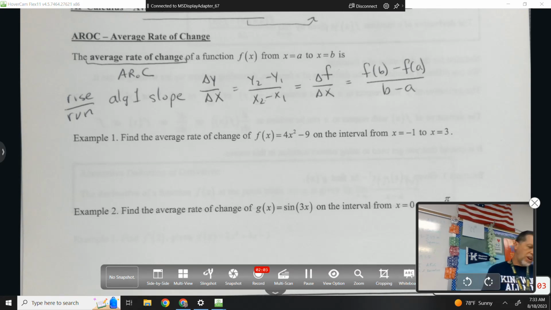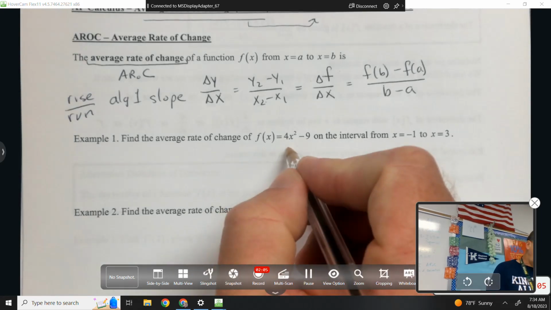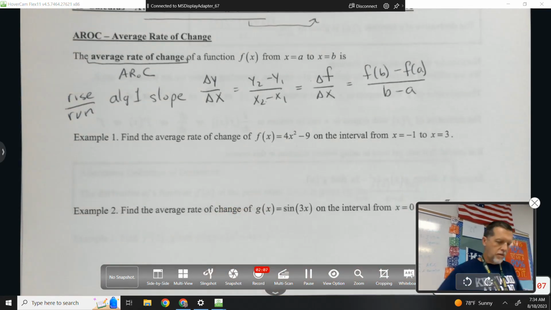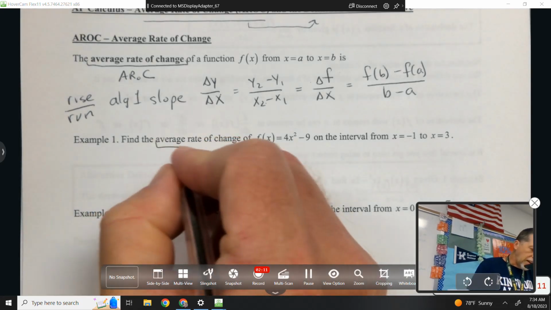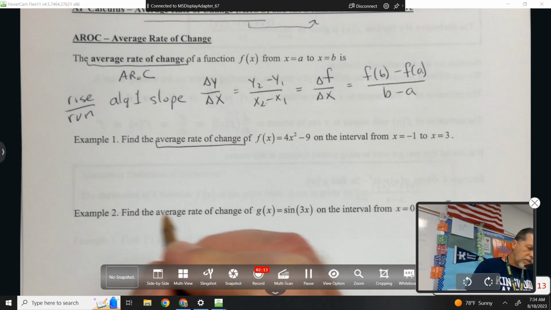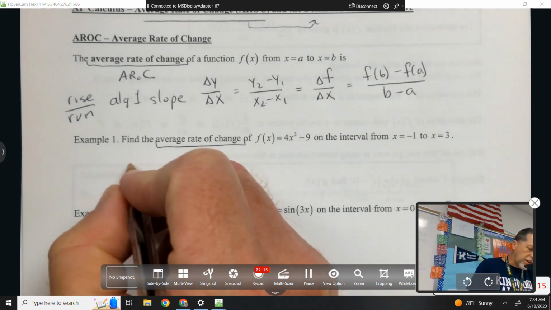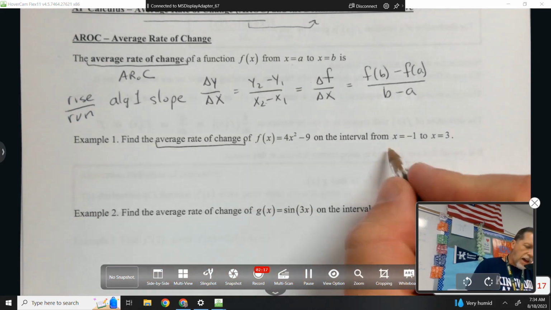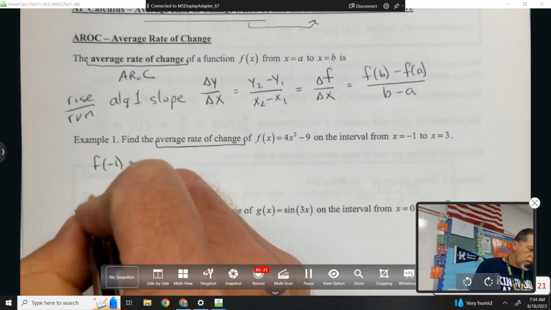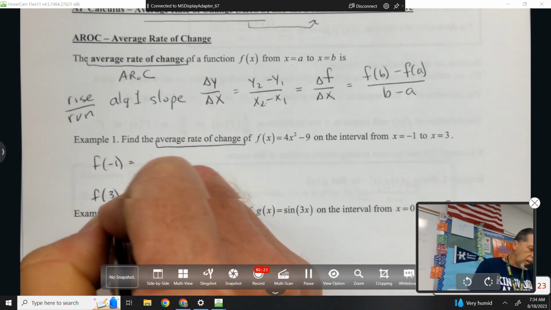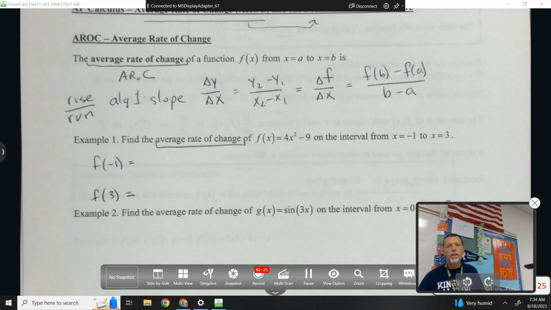Find the average rate of change of f of x equals 4x squared minus 9 from -1 to 3. So find average rate of change. So delta y over delta x. I have my x's, I need my y's. So I'll find f of -1 and f of 3. And then I'll have my y values and my x values, and then it's Algebra 1.